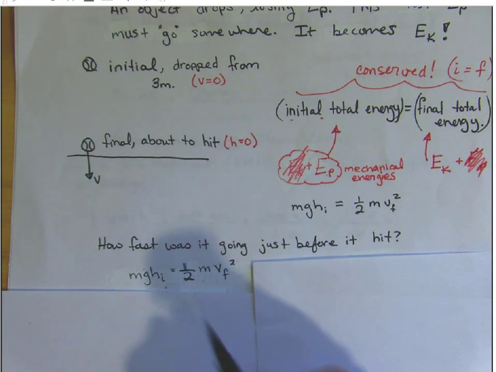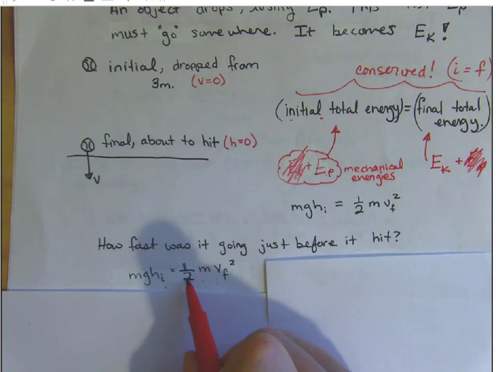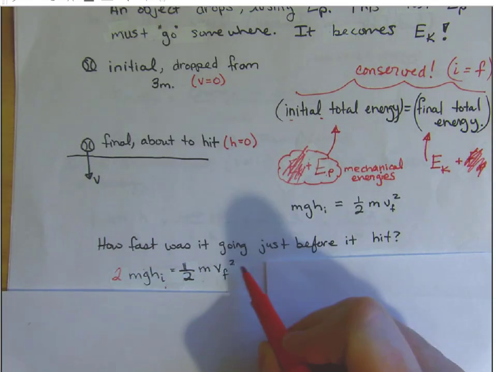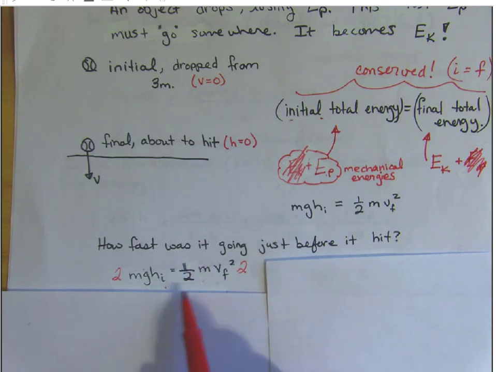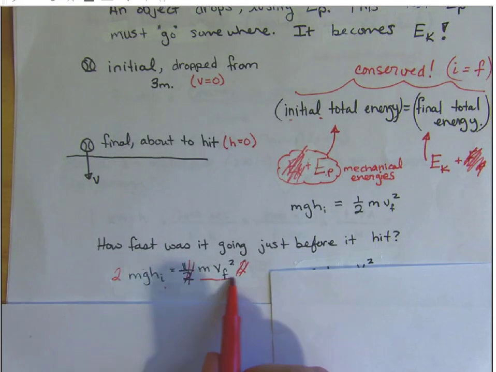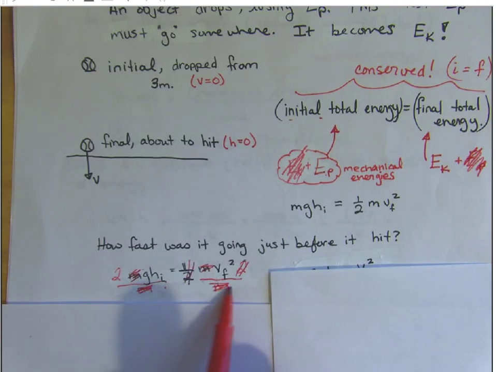All right, so I rewrite my equation. Trying to solve for vf, I'm going to multiply 2 to both sides, so that way my 1/2 will cancel. And I'm going to divide both sides by m. And so this m cancels off that side and this one.